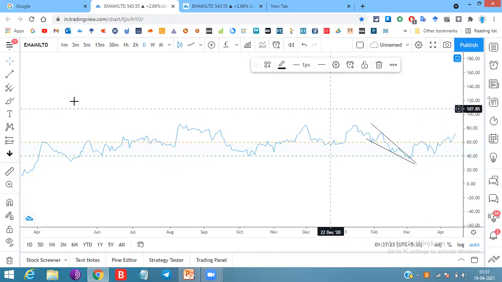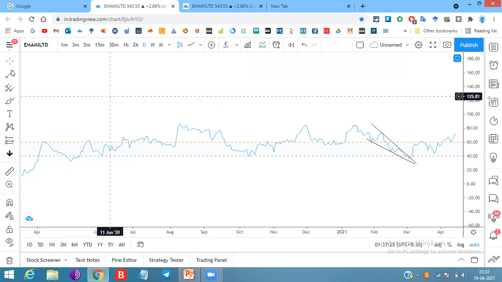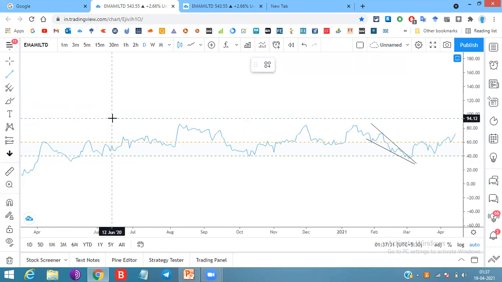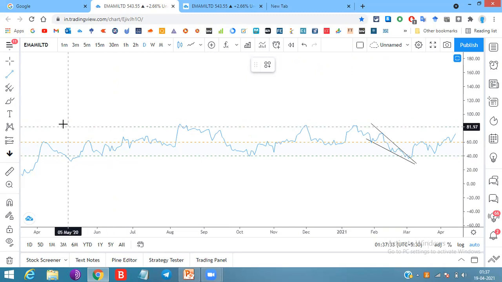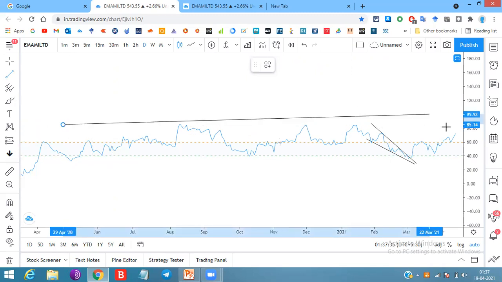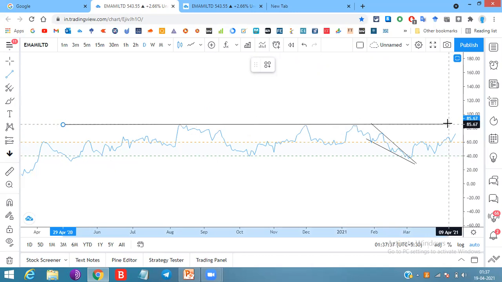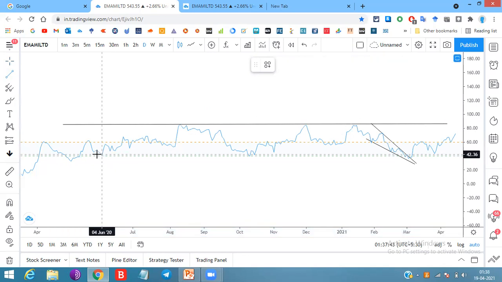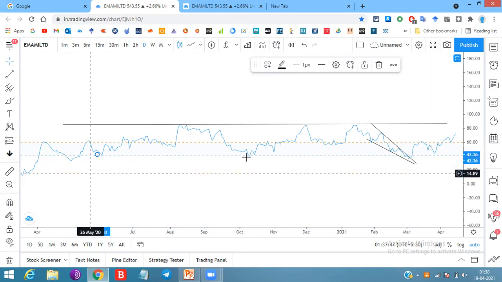Okay, so let me plot the broader structure right now. Broader structure is something like this. That means it is upward facing.